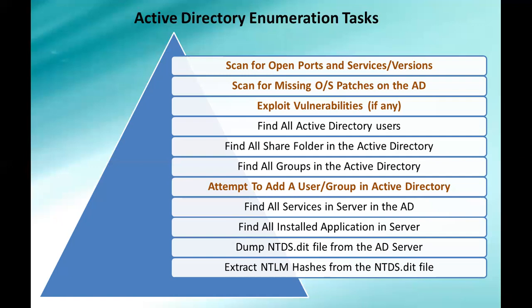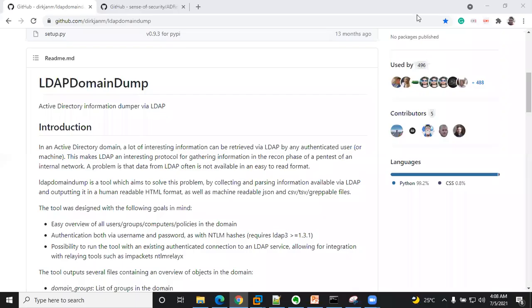The first tool we'll be talking about is the LdapDomainDump. It's a tool that is used to dump Active Directory. As you can see, the LDAP domain dump tool is an Active Directory information dumper.